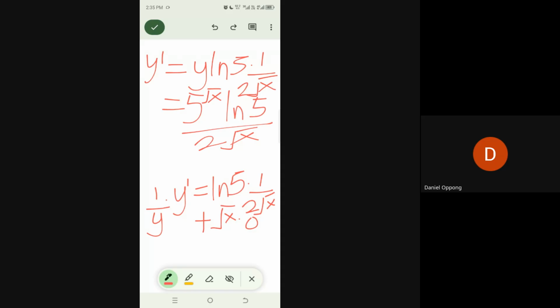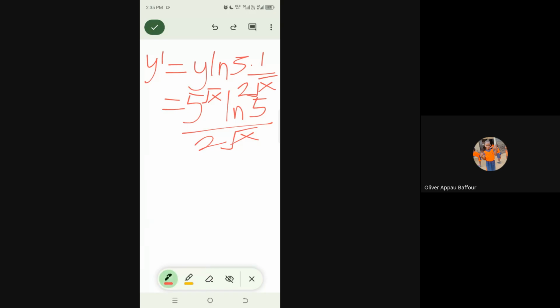Is that correct? Yes, mistake, madam. Okay. So this is our derivative. So we have y prime is equal to 5 to the power root x ln 5 all over 2 root x.